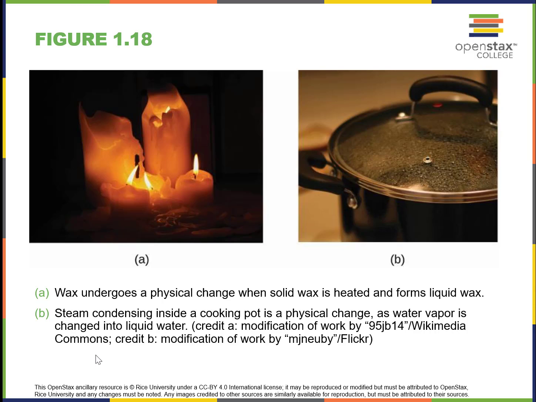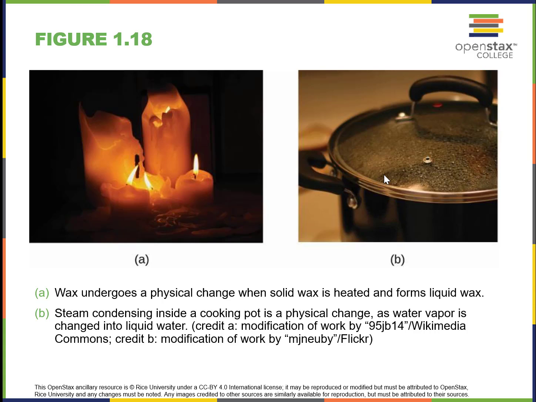And one way we can know that is if you have a cooking pot like we're showing here, you can see the water droplets forming on the lid, so the water vapor is turning back into liquid water. And this is actually how I go about thinking about whether a change is a physical change or a chemical change. What I think about is, can you get back to what you started with?